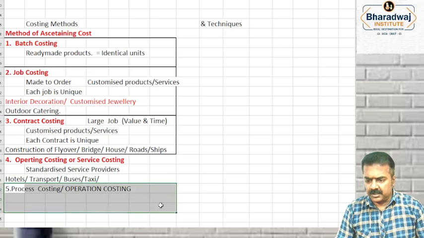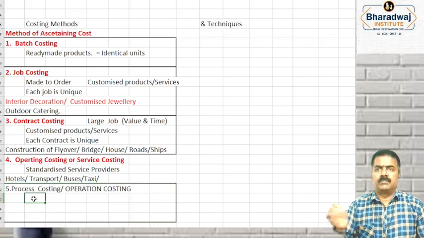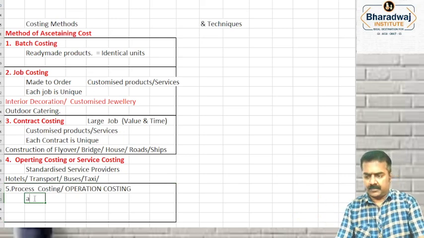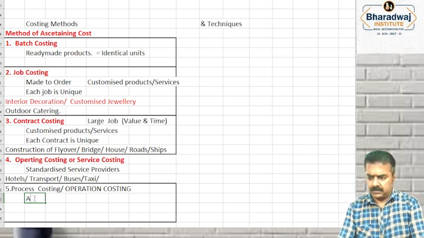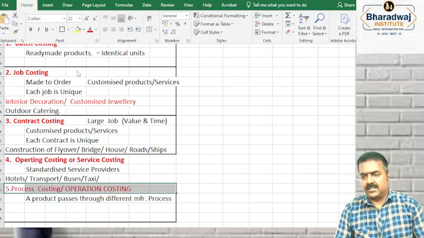What is process costing or operation costing? When a product passes through different manufacturing activity. A product passes through different stages. The best example for this is textile industry.